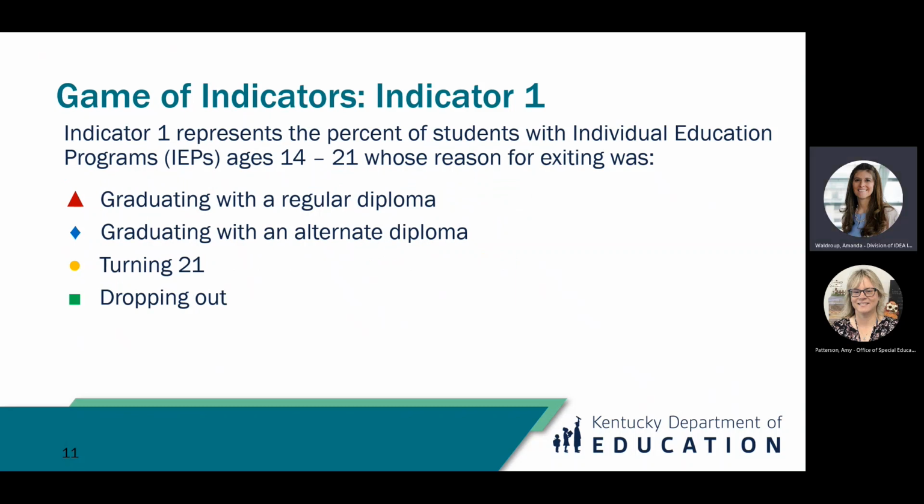Indicator 1 represents the percent of students with individual education programs, or IEPs, ages 14 to 21, whose reason for exiting was graduating with a regular diploma, graduating with an alternate diploma, turning 21, dropping out.